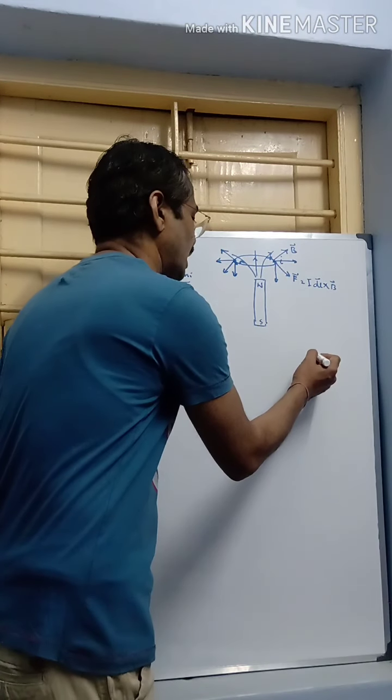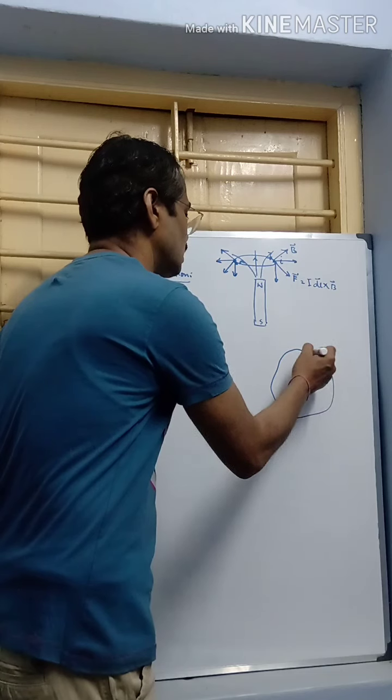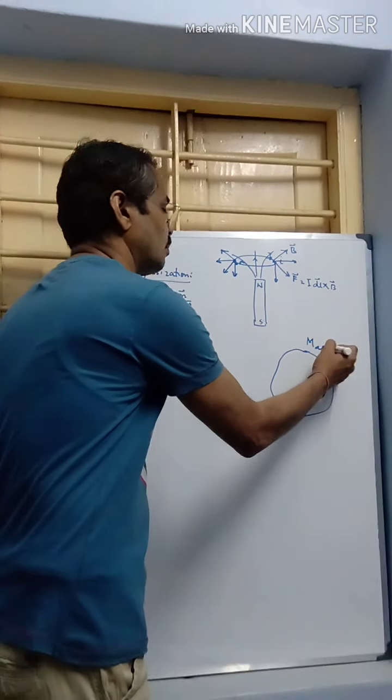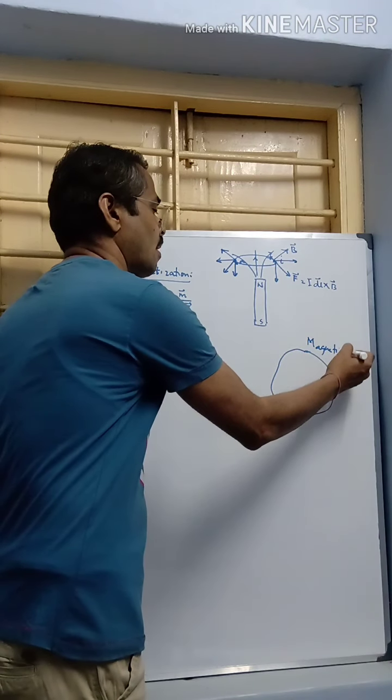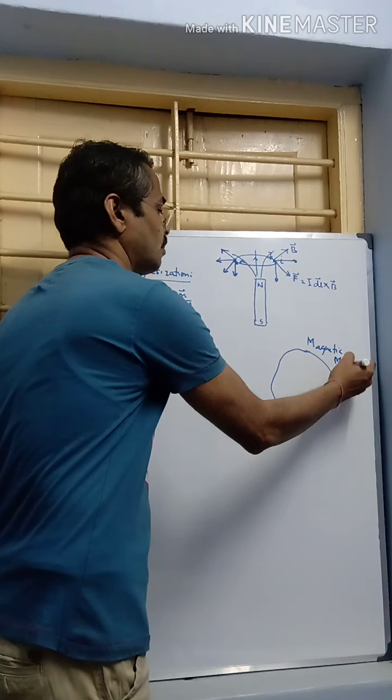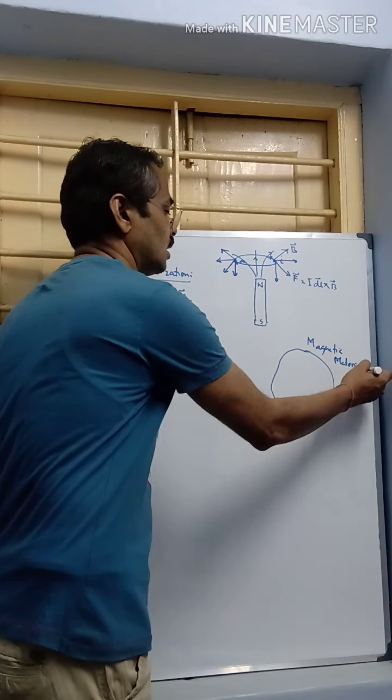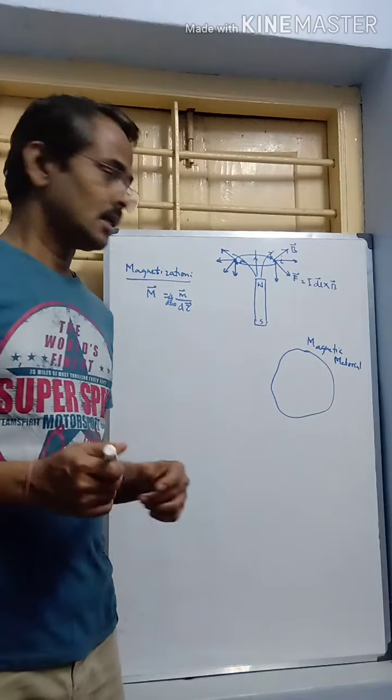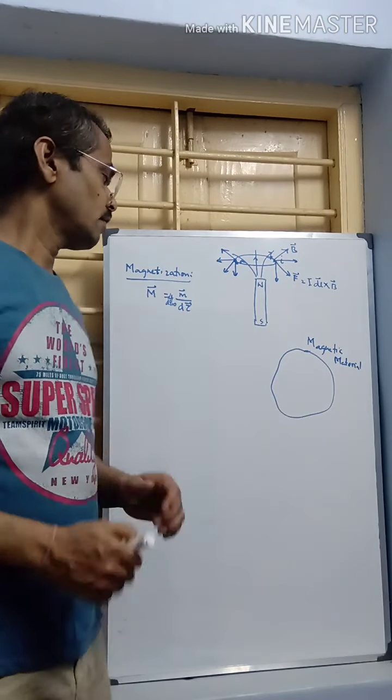Let's say we have a magnetic material like this. Any material can be magnetic. It could be paramagnetic, it could be diamagnetic, and there are certain materials which are even ferromagnetic.